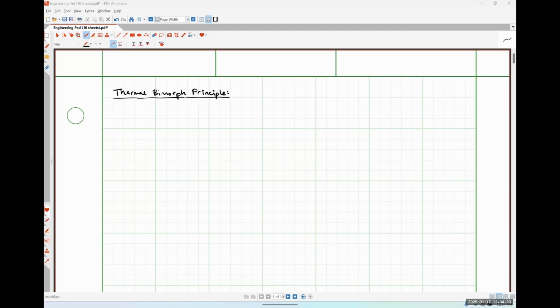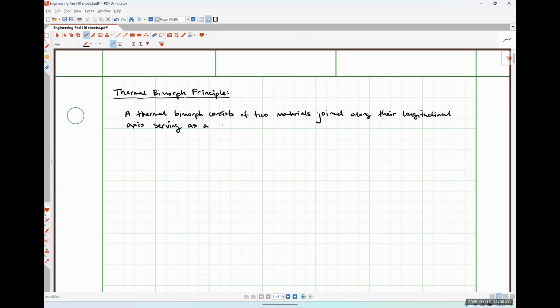So a thermal bimorph consists, let me just write this down, of two materials joined along their longitudinal axis, serving as a single mechanical element.